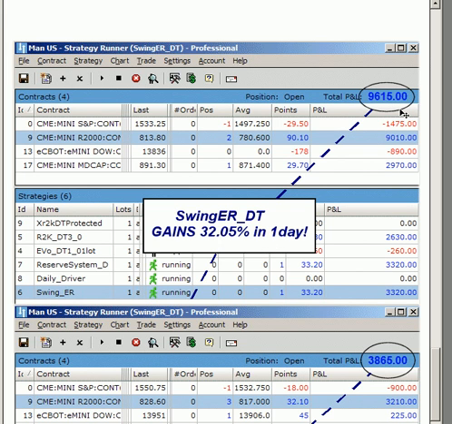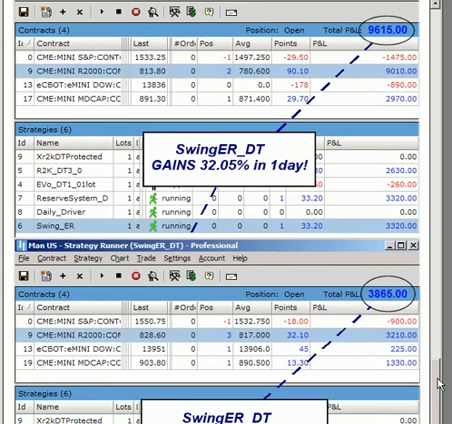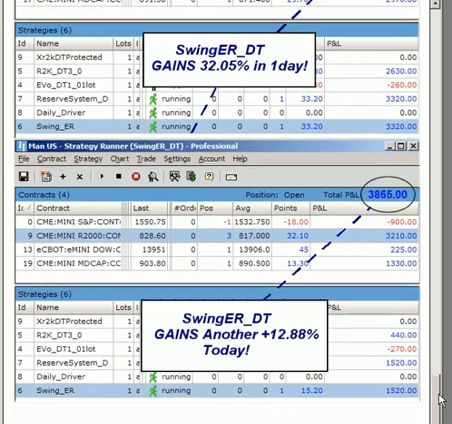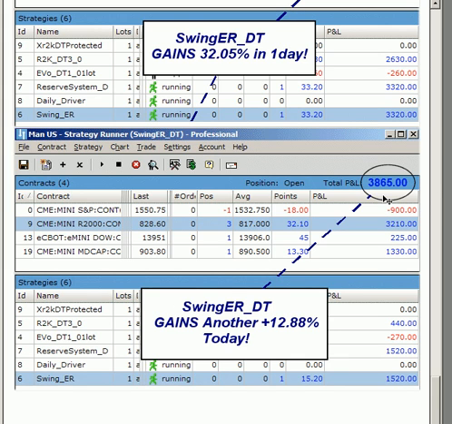The next day, up again, another $3,865 on a $30,000 portfolio. Nice little 13% gain. Of course, this was at midday yesterday. We did give about half of that back. I think we finished up about $1,250 for the portfolio. As I'm looking at it right now, looks like we're up $1,522.50, so we're up another $1,500 today.